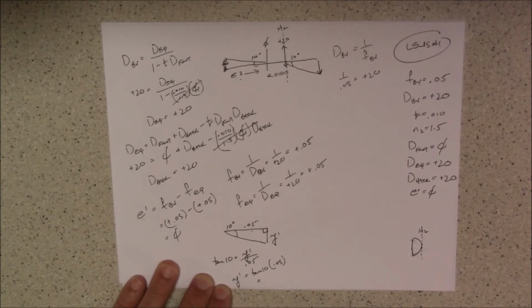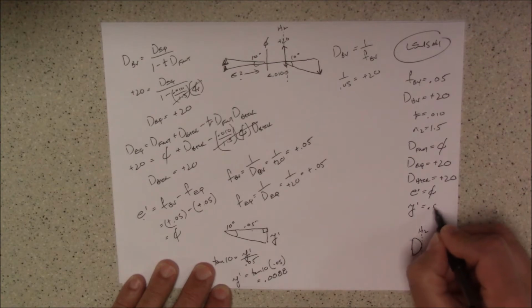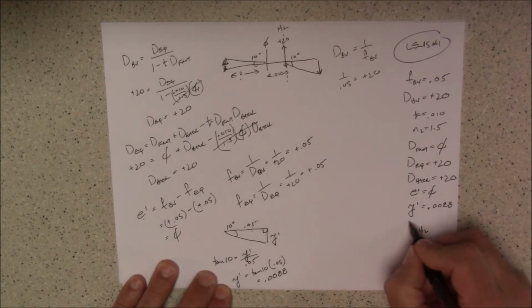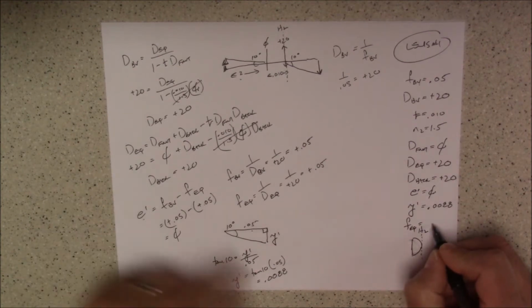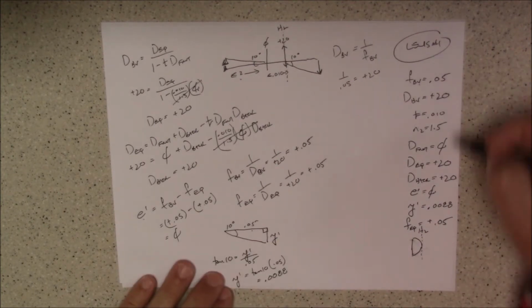Do the math for that guy there, and he comes out to be 0.0088. And so my image size, my Y1, is going to be 0.0088. And I can also do the focal length of my equivalent power, and that is going to be what we had over here, and that is the plus 0.05.